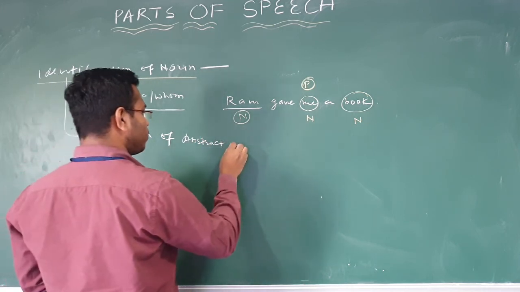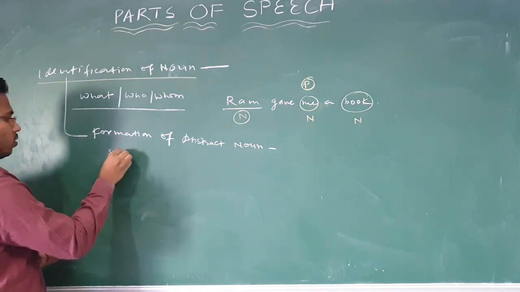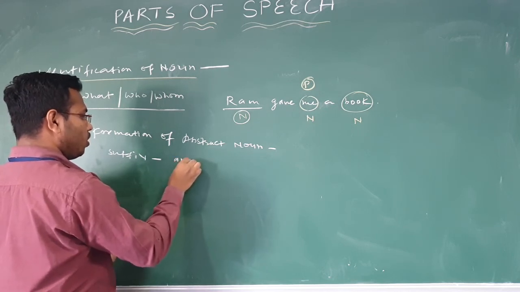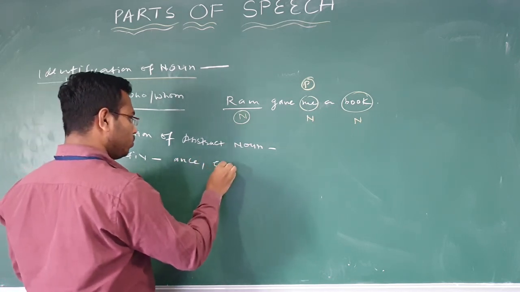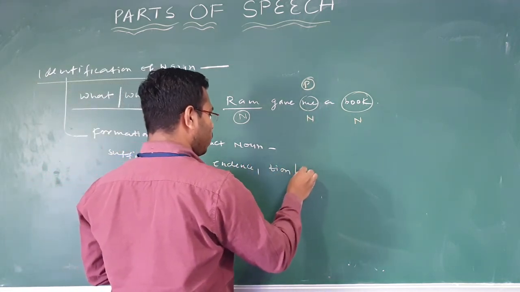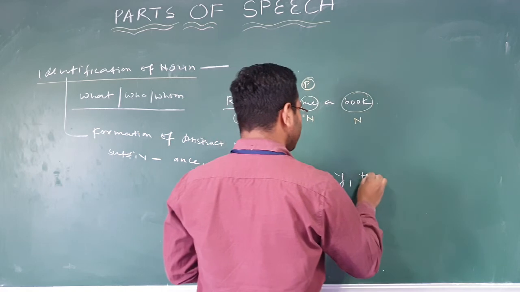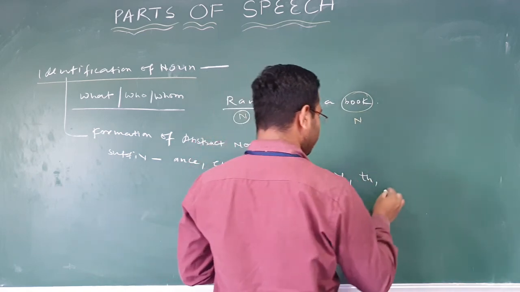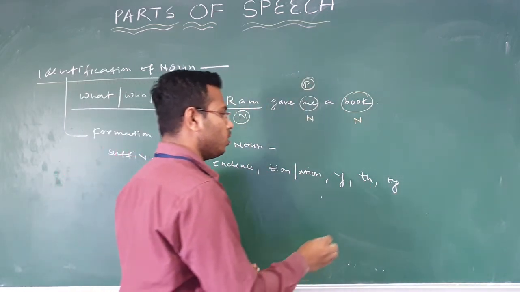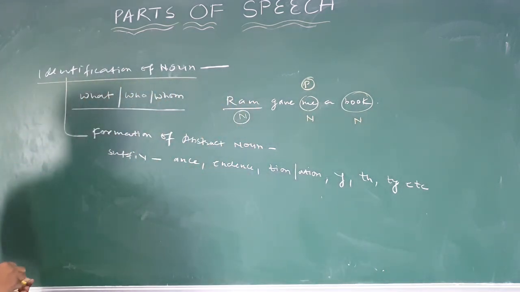For example, if you find the suffix ance, ence, tion or ation, y, th, ty, etc. Basically there are numerous suffixes which can be added to words to make an abstract noun.